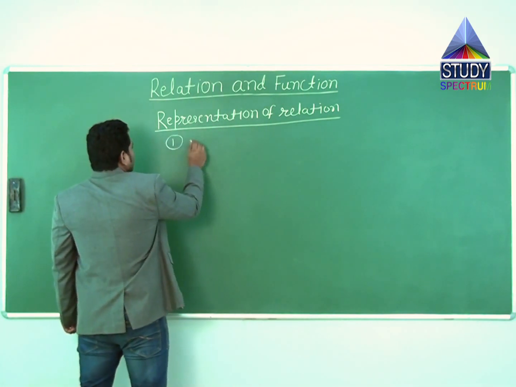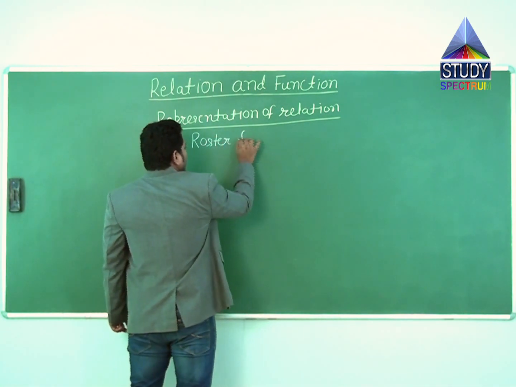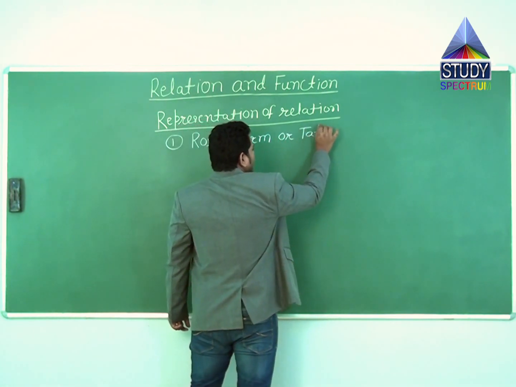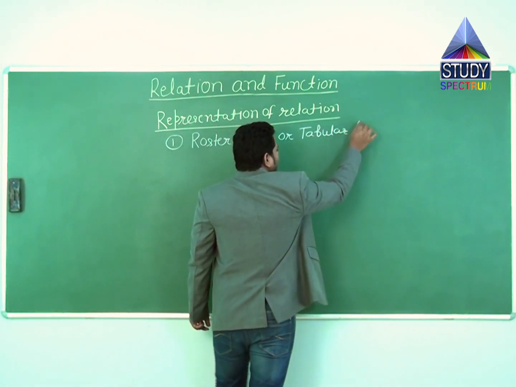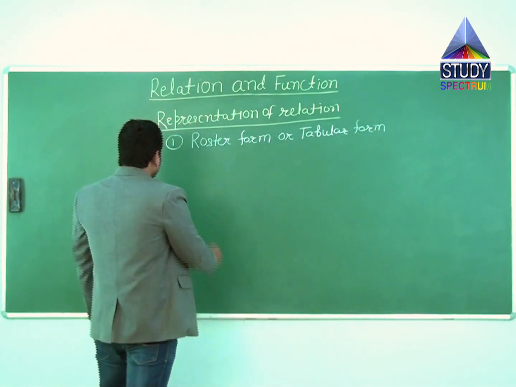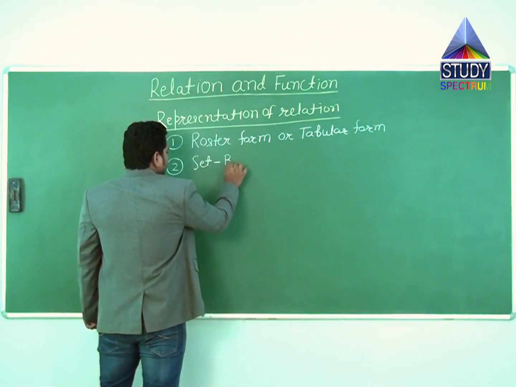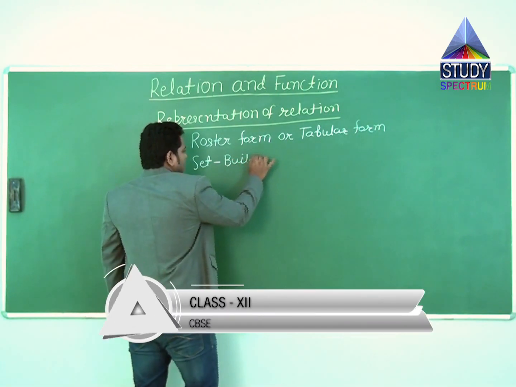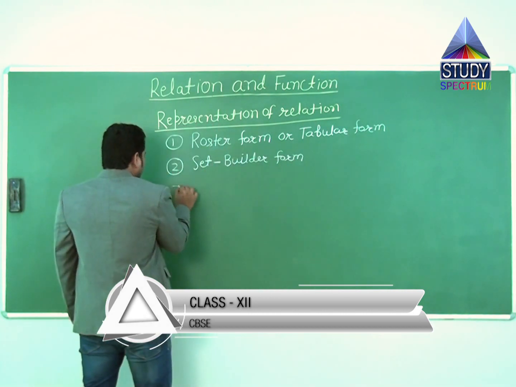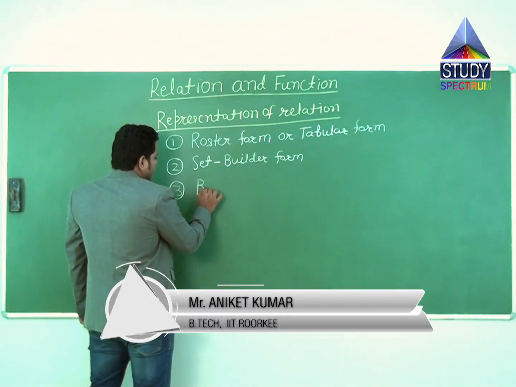So there are 3 methods. First is roster form or tabular form. Second is set builder form. And third form is by arrow diagram.